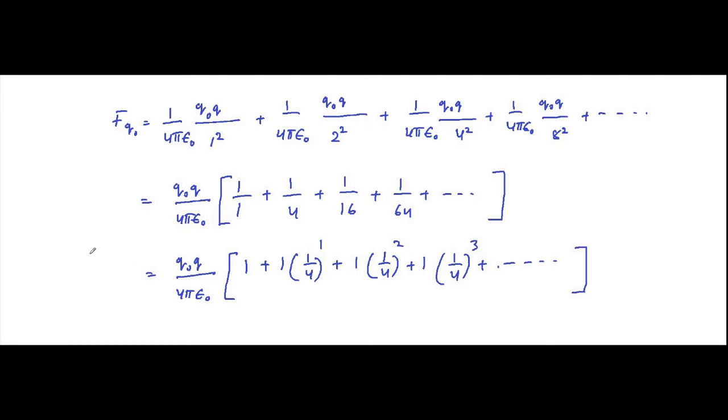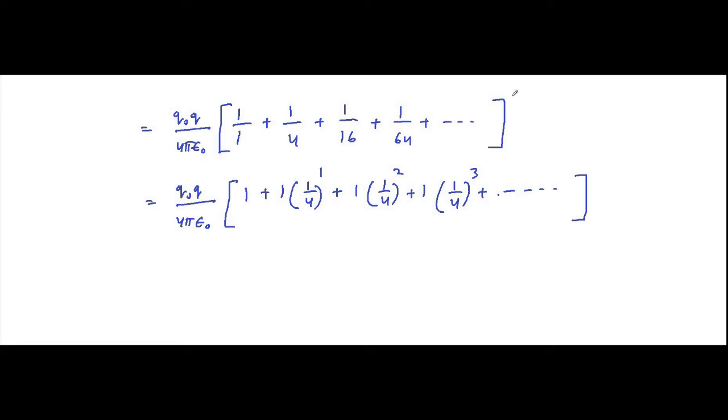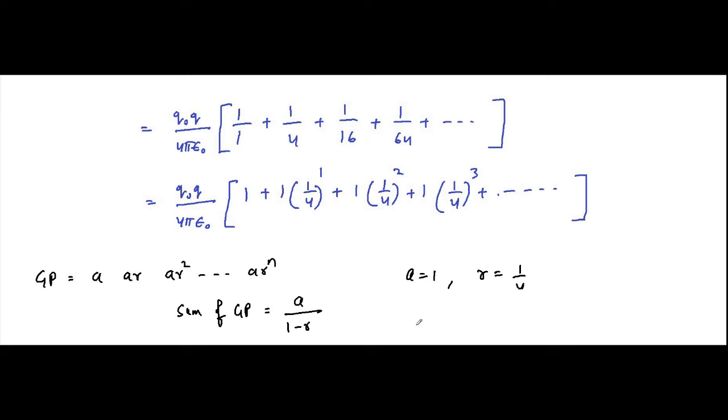So GP is given by A, AR, AR square, up to AR to the power n. The sum of the terms in GP is A by 1 minus R. Here A is equal to 1, R is equal to 1 by 4.